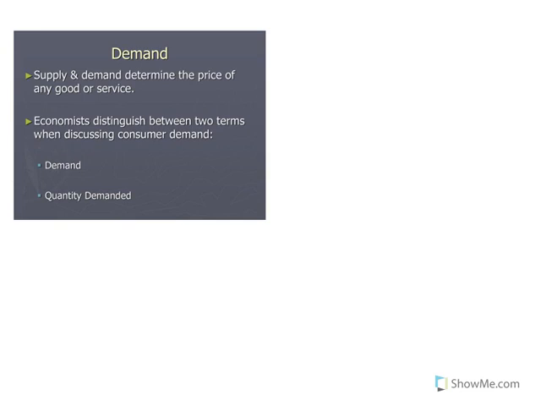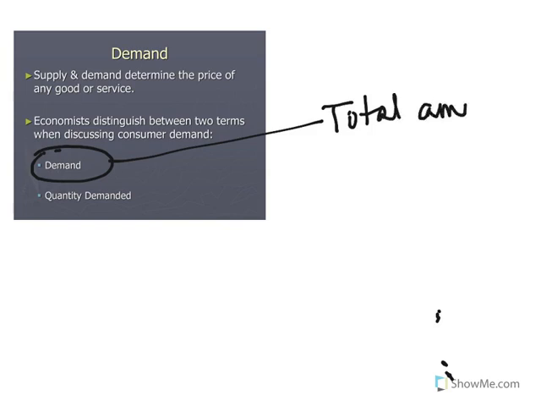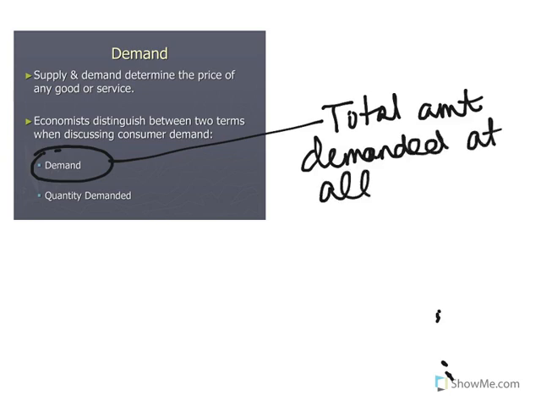And what you need to understand is there's a difference between the total demand for a product versus the quantity demanded of a product. So if we're talking about the demand for a product right here, we're talking about the total amount demanded at all price levels.